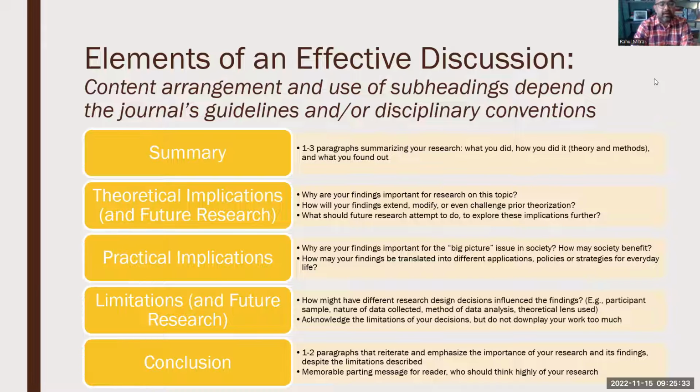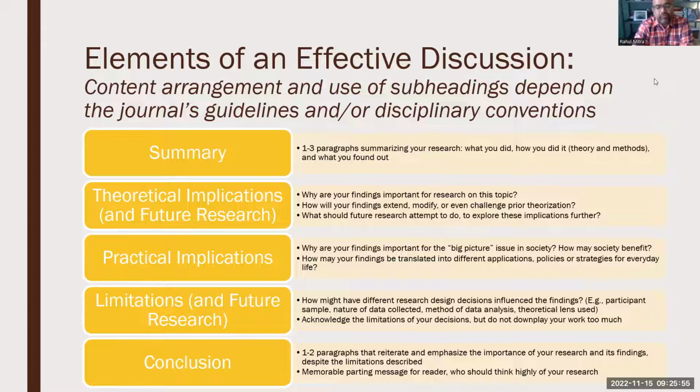And finally, the last subsection of a discussion is the conclusion subsection. And usually this is no more than 1 or 2 paragraphs that essentially distill all of the information that has come before into a takeaway package, right, for your reader.